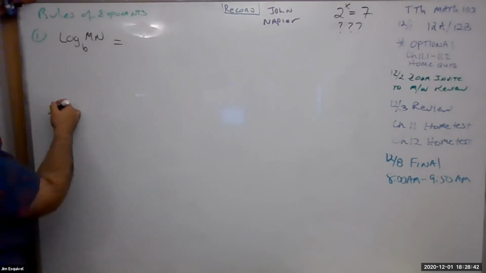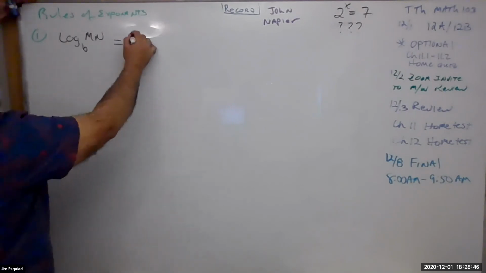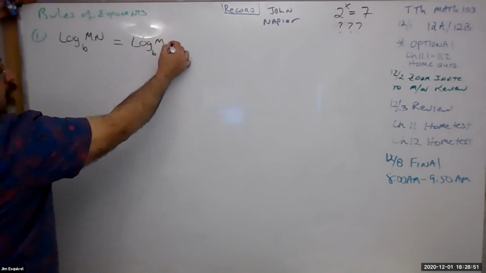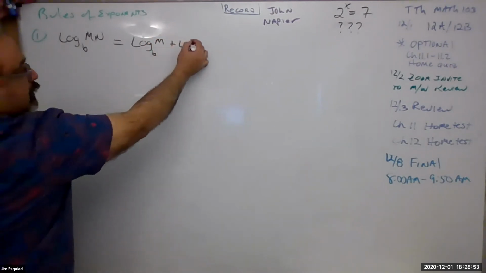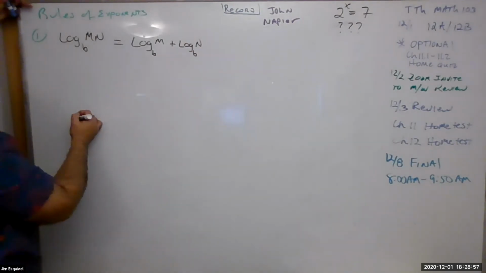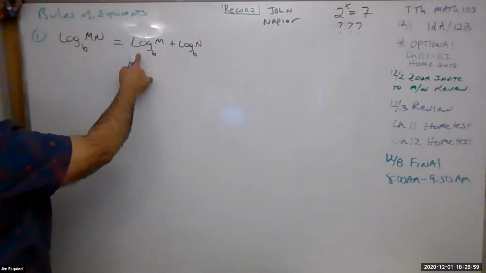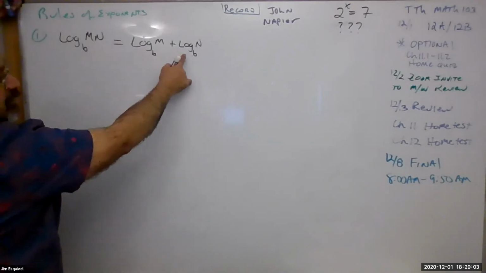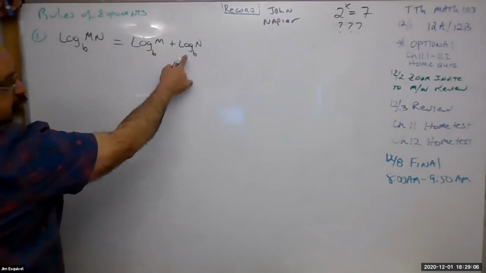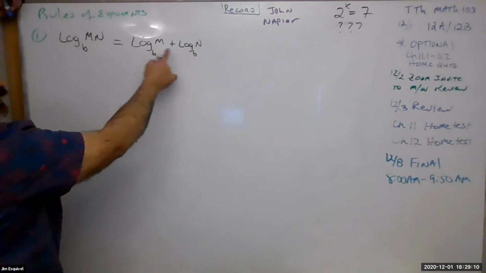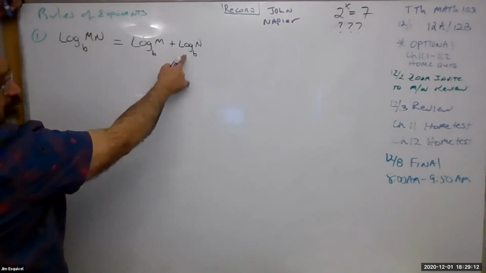You can split multiplication into an addition problem. It's log base b of m plus log base b of n. You can separate multiplication into the addition of the two logarithms.